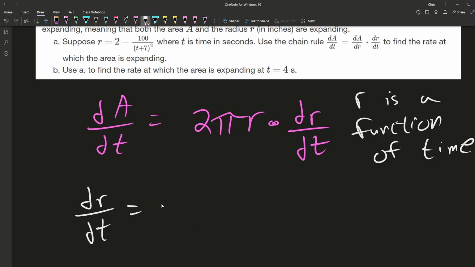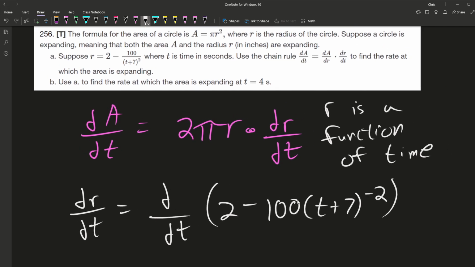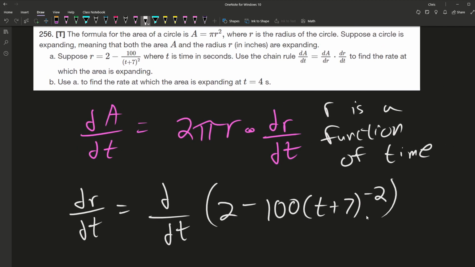It's going to be the derivative with respect to time of 2 minus, I'm going to rewrite this as 100 times t plus 7 to the negative 2. We should get in this good habit of rewriting these as negative exponents whenever we see something raised to a power in the denominator.